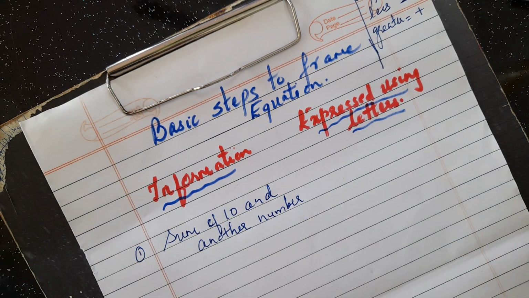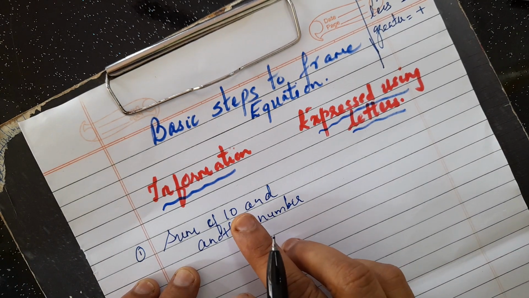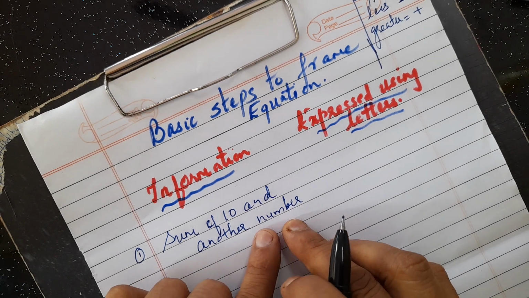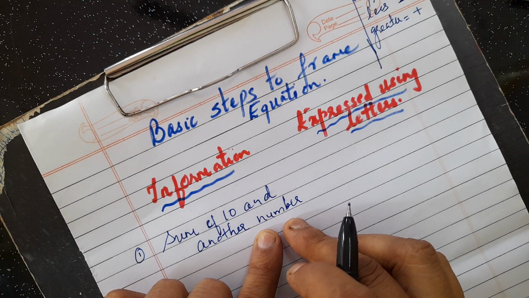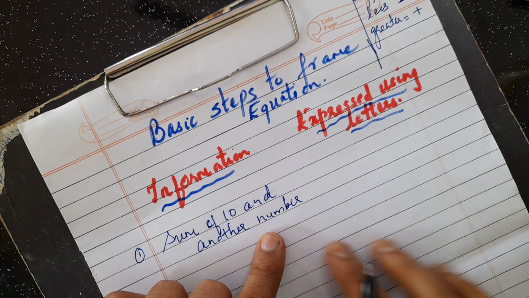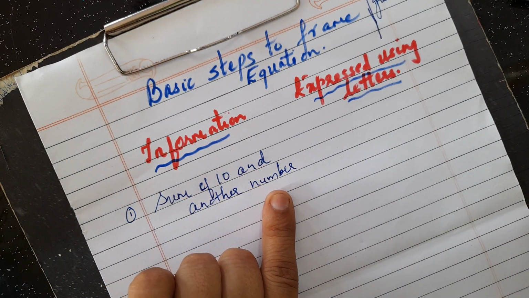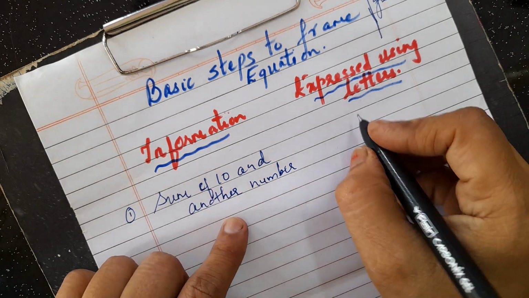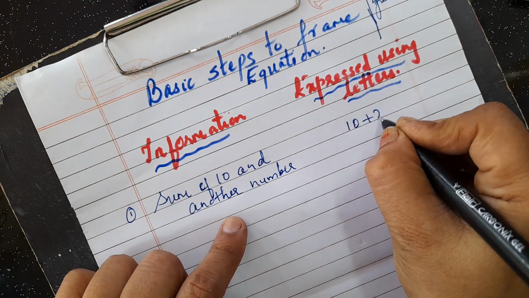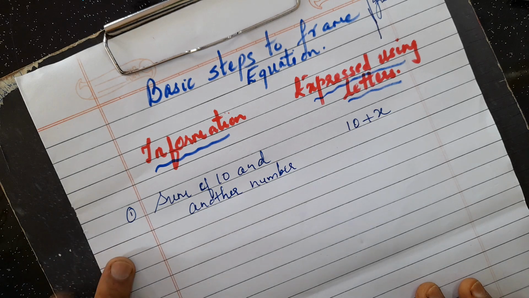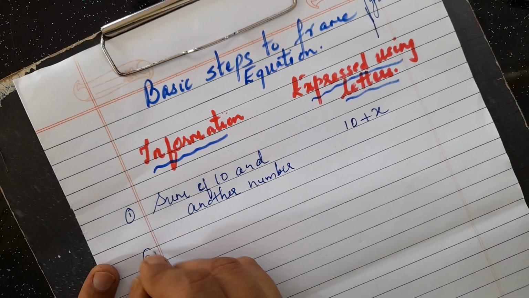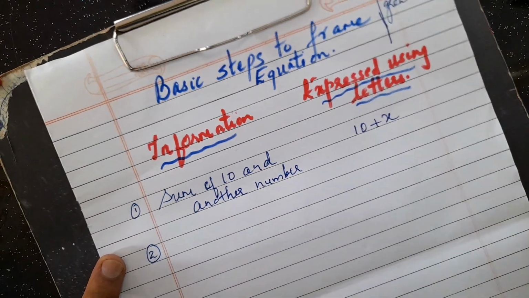Sum of 10 and another number: that means 10 and what is another number? We don't know, right? So you can use any letter instead of this number. Suppose we take the letter as x. So it will be sum of 10, that means 10 plus x. Like this way we will frame. Now instead of x children, you can take any other variable.